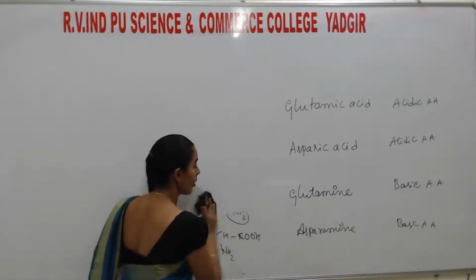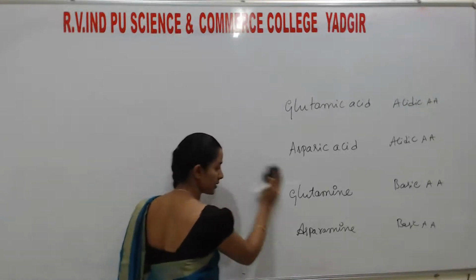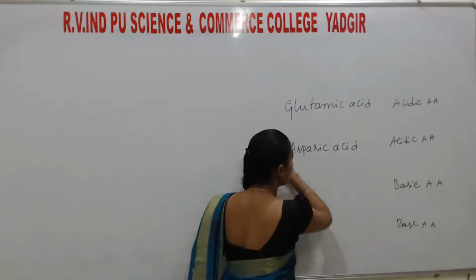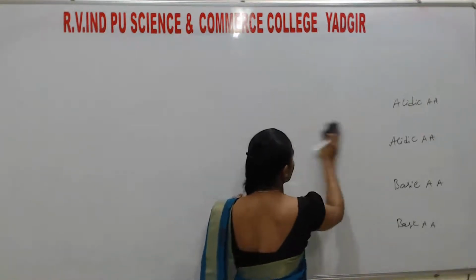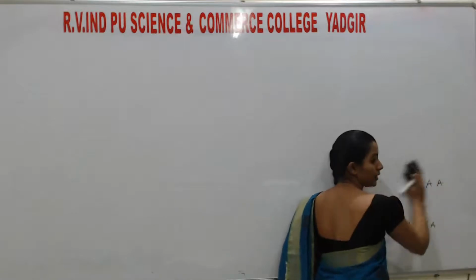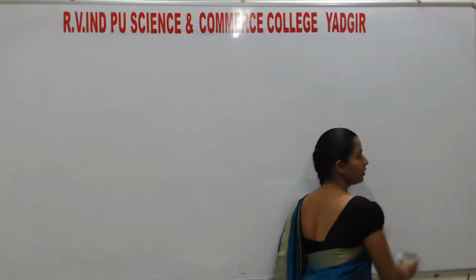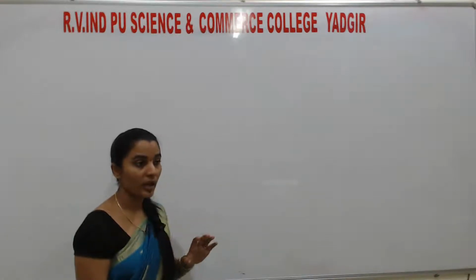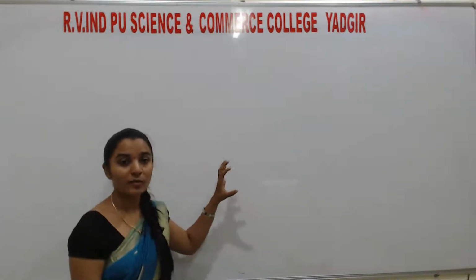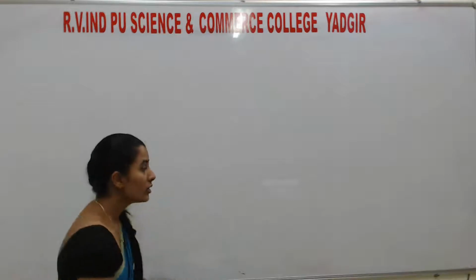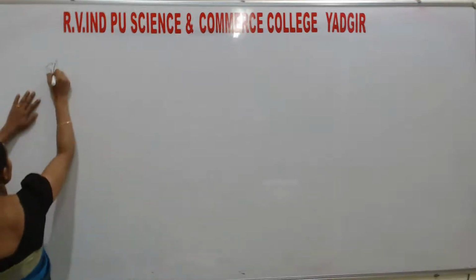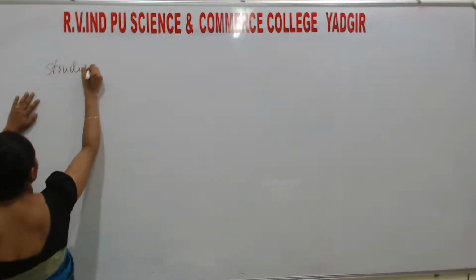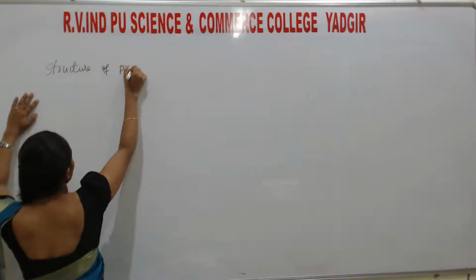In our body, amino acids are present only in the form of proteins. Alone, they are not in that form, like glycine, alanine. They are in a polymer form, that is, in the form of a protein. So students, next is the structure of protein.